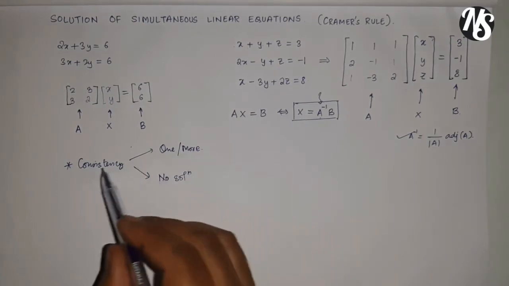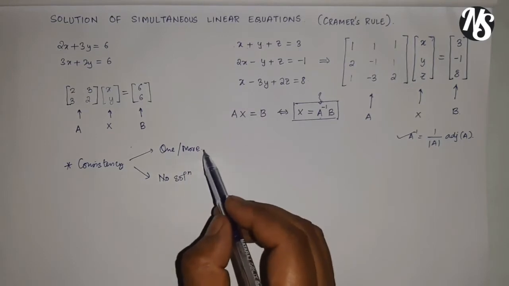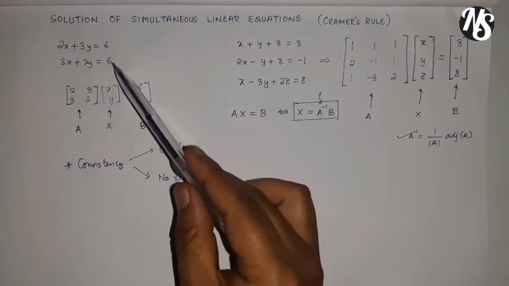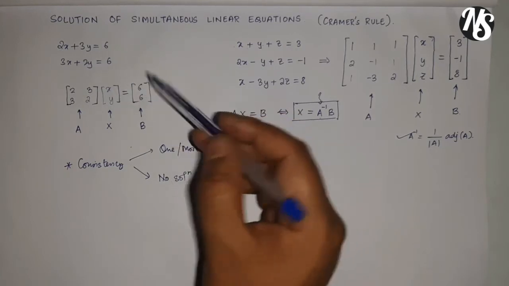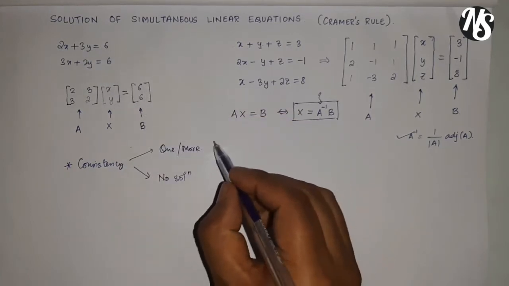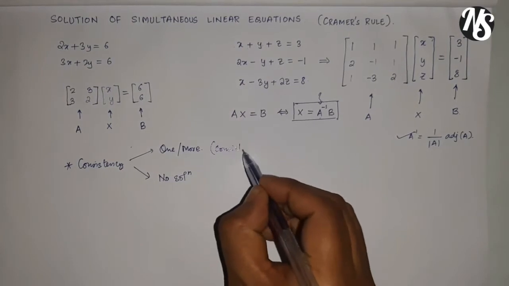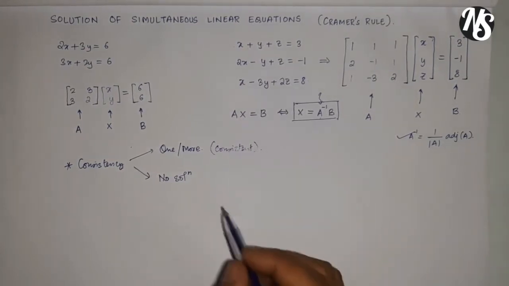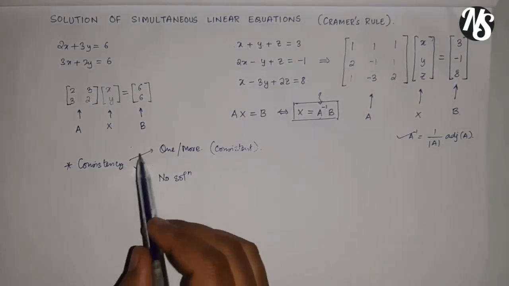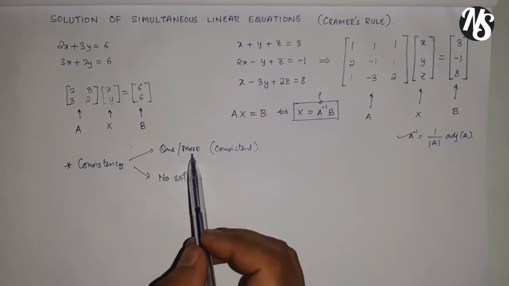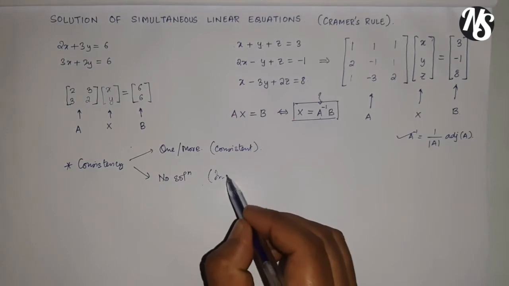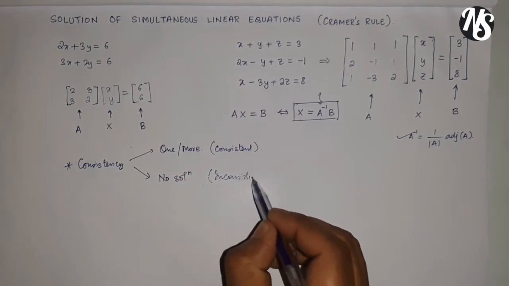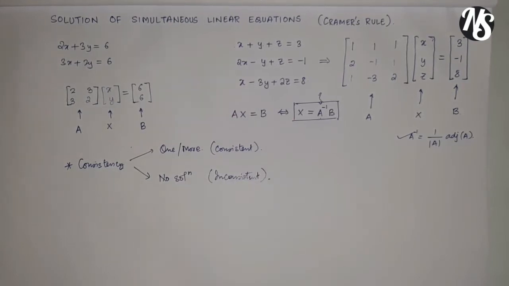So if there are one or more solutions of any given simultaneous equations, then you say that the given set of simultaneous equations is consistent. They are said to be consistent if there are one or more solutions. If it has no solution, then you say it is inconsistent. So these are the two things that you need to remember.